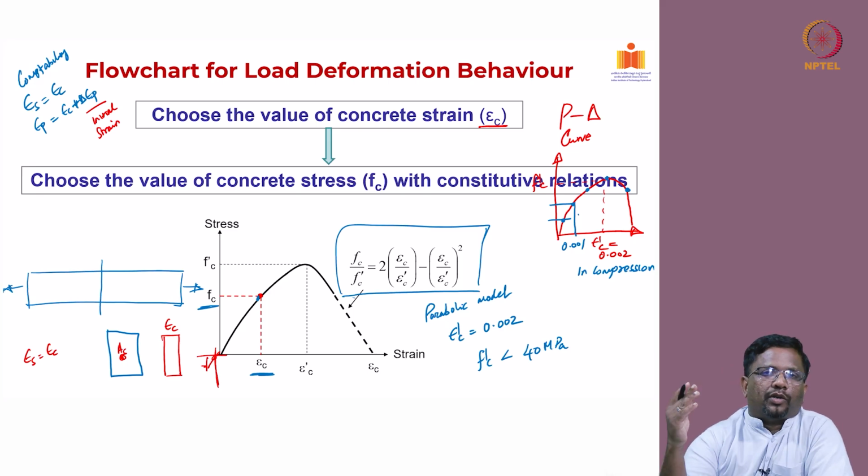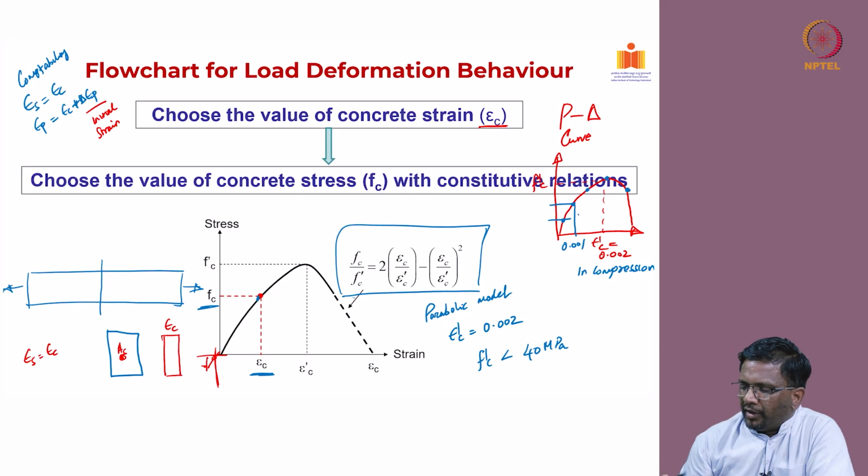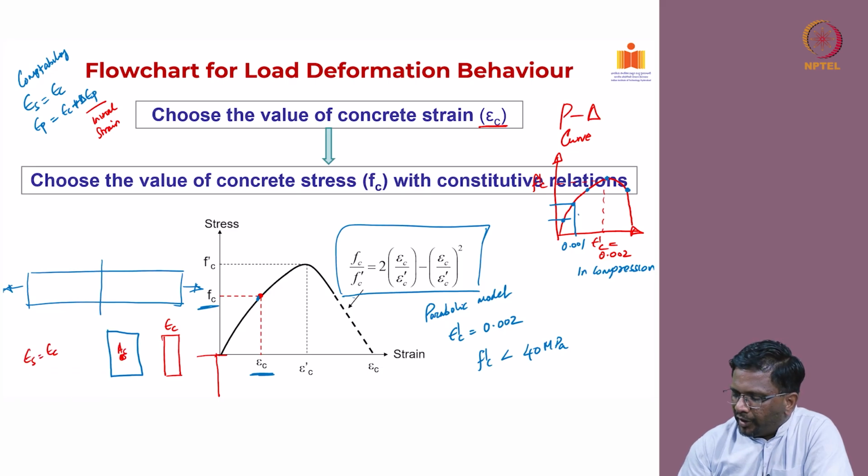Or you can also assume some tensile strength, assuming that in tension it has a linear elastic stress strain response. The same curve I can extend like this, and then it is going to crack at f prime t, which we typically take as about 0.1 f prime c.